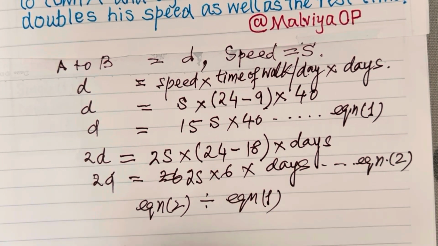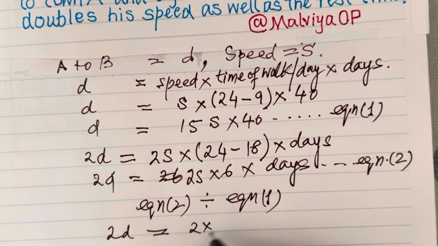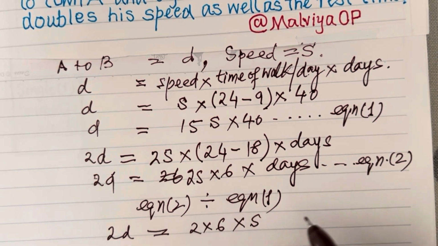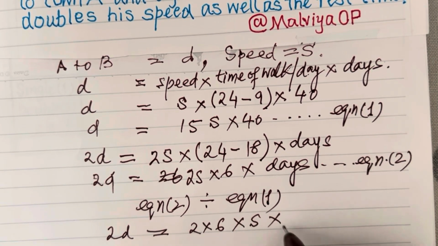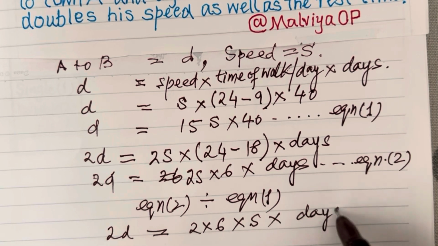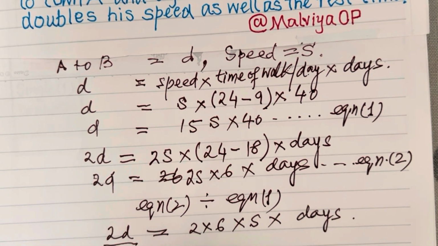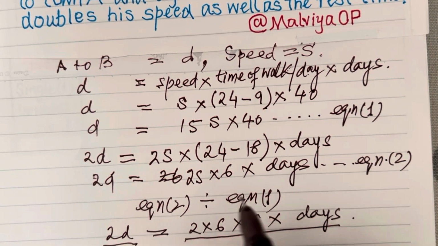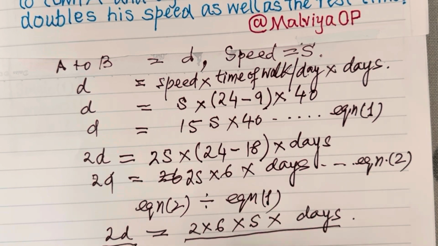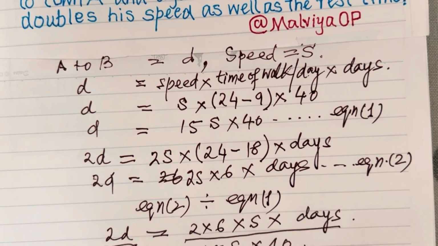So equation 2 is 2D equals 2 into 6 into S multiplied by the number of days, divided by equation 1, that is D, and this time this side divided by 15 into S multiplied by 40.